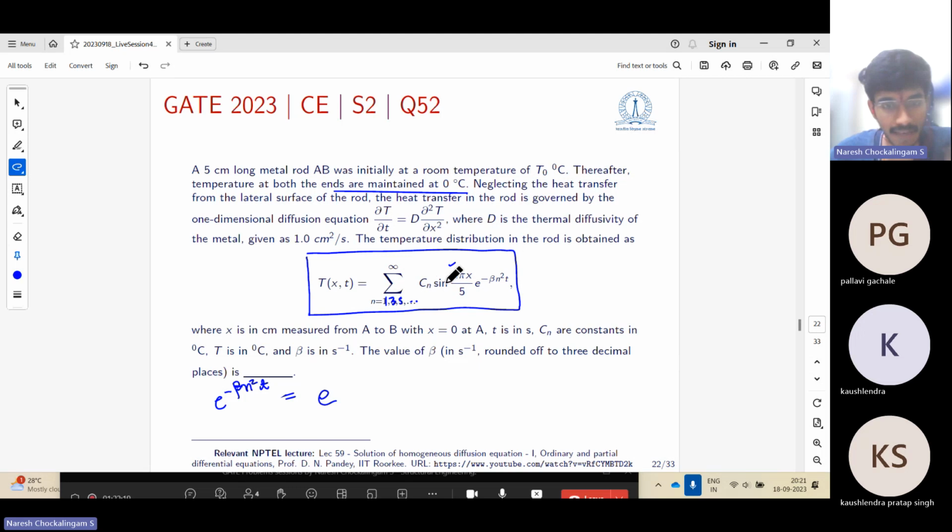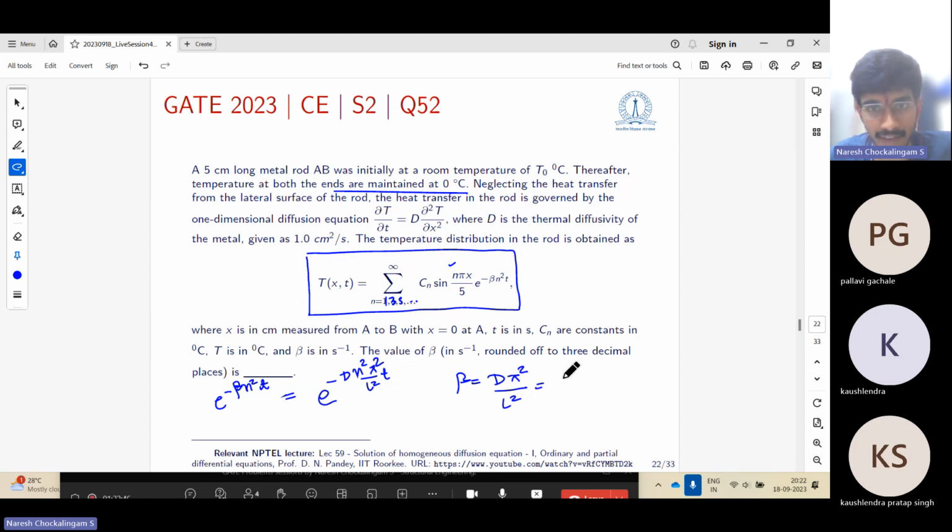Cn, in place of Cn, you have some combination. That is also fine. And here you have minus d n square pi square by L square t. So just equate both. If the exponents are equal, you get beta is equal to d, n is not equal to 0, so n gets cancelled on both sides. We get d pi square by L square.